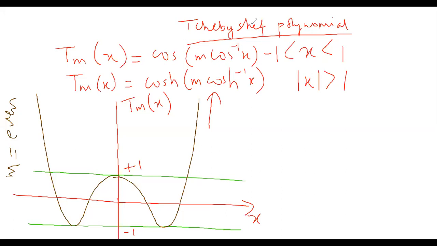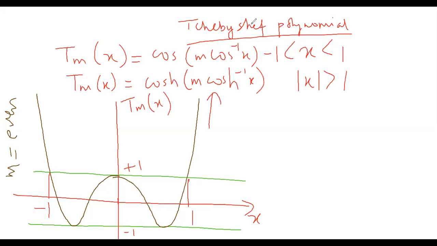As I told just now, Tm(x) is equal to cos(m cos inverse x) when x lies between -1 and +1. So what are minus 1 and plus 1? This particular level is x equal to plus 1, and in the negative direction x is equal to minus 1. So beyond x equal to plus 1, it rises, right?